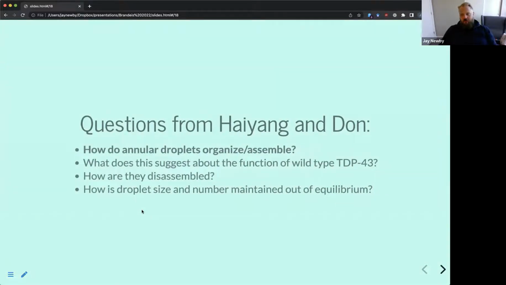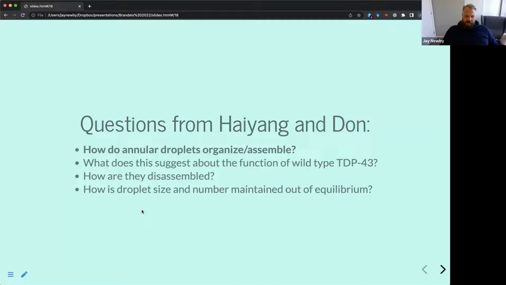Okay. So the questions that Ying and Don asked Kelsey and I were how these droplets organize and assemble. What does it suggest about their function in wild type? And what does it say about their role in disease?